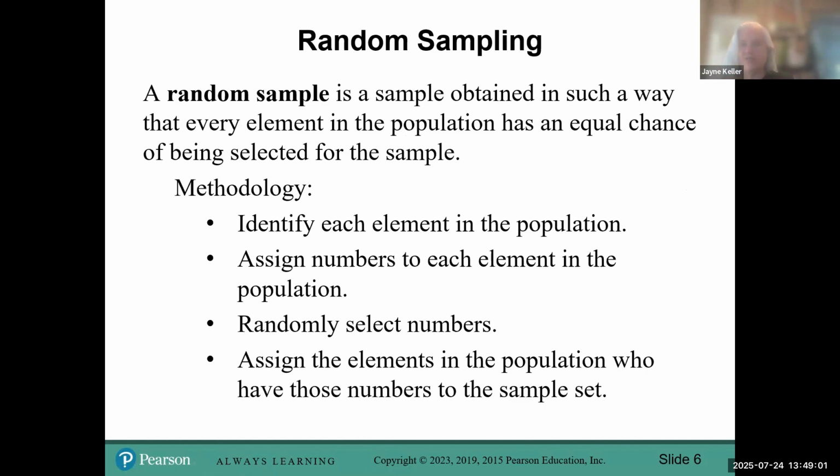And then if your number gets drawn, you're going to be one of the people I talk to. In reality, we're not usually able to do that because some of the people may not be available, may not answer our call, and so forth. So the goal is always, can we get a sample as close to random? Because we usually can't get a true, completely random sample.